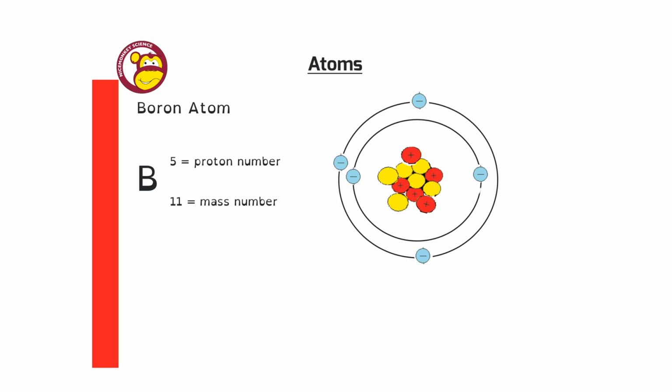And because there are 5 positive protons, there must be 5 negative electrons. 1, 2 in the first shell, and then 3, 4, 5, a further 3 in the second shell, making 5.